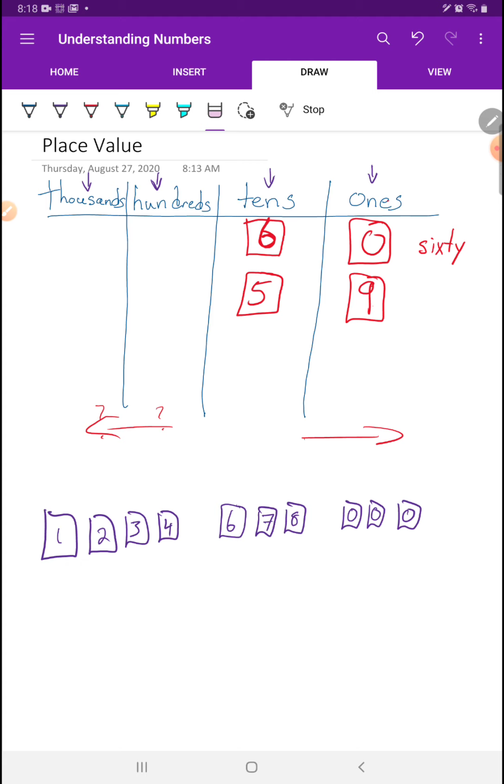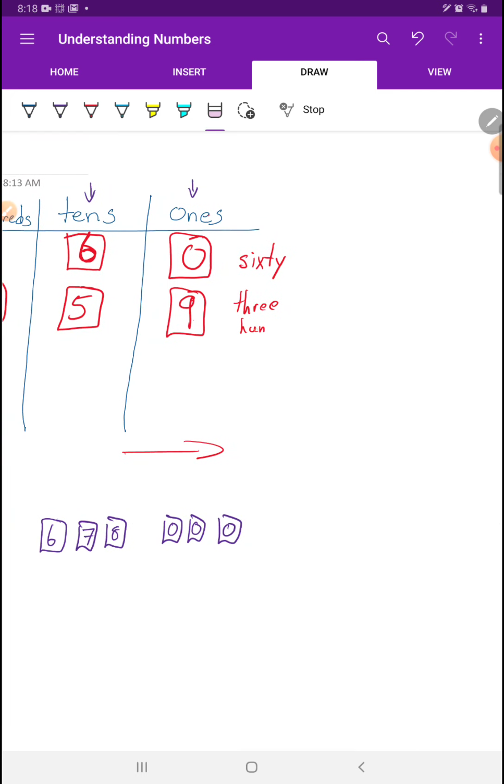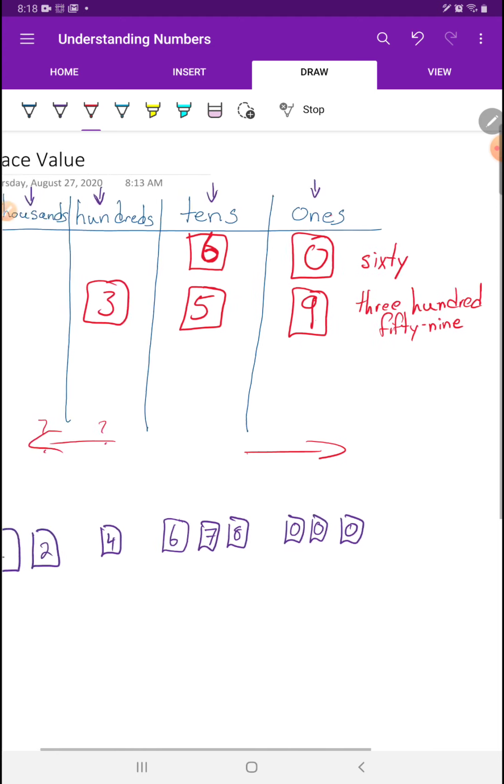And then maybe I also want you to do 3 hundreds. So I put the 3 up here in the hundreds place. Now this number is 359, like that. See? Okay.